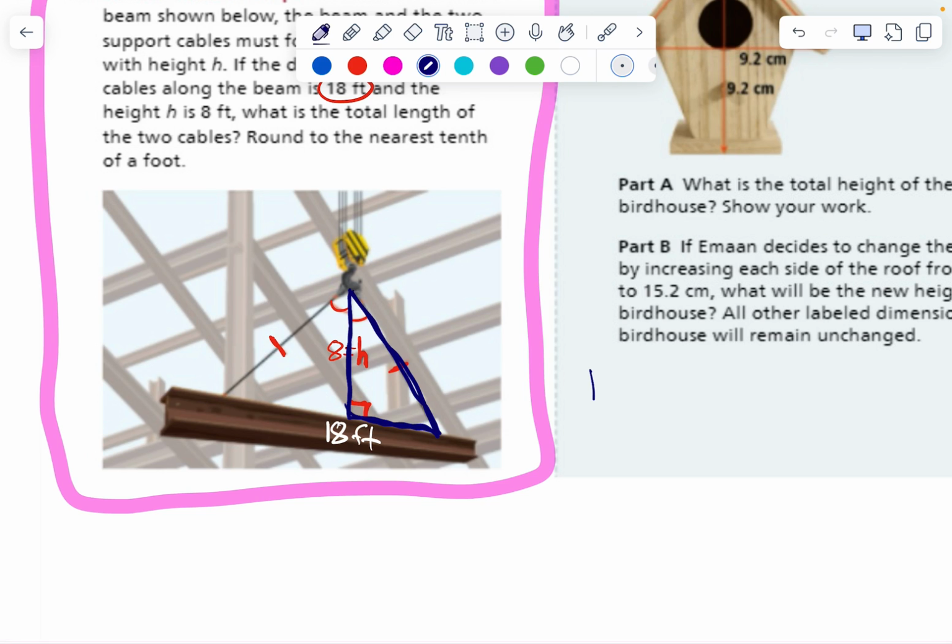Yeah, that's a right triangle. And we know the height is 8. How long is the base of that right triangle? It's 9. Remember, the isosceles perpendicular bisector theorem says that base is split in half. So it's 9 feet. So how do we find the length of this cable? And once we know it, we know the other one is congruent, so we can just double for the total length of cable. But how do we find that x value?